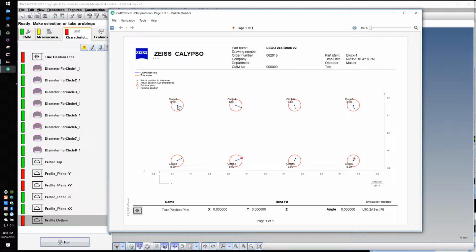Okay, so we start off here. This is a mapping of the pips on the top. We can see the typical variation here, a little bit moving towards center on the left, a little bit moving towards center on the right. It's possible, since they're all consistently in, that the nominal in this direction maybe should be a little bit smaller. Other than that, looks pretty good.